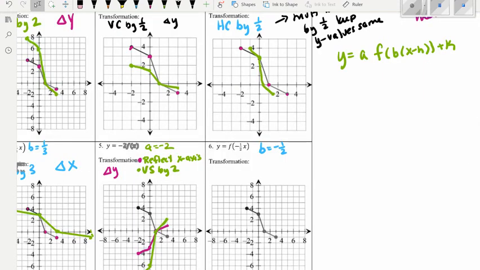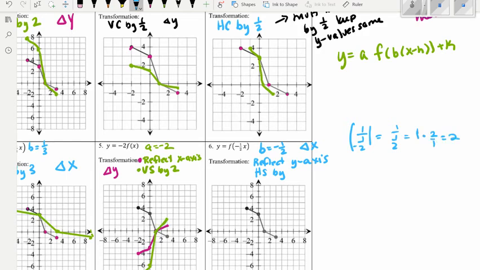This is going to be changing our x values. So we have a reflection across the y-axis and a horizontal stretch by 1 over -1/2. The absolute value of that would be 1 over 1/2, which is 1 times 2 over 1, which is just 2. So that's where we get the horizontal stretch by 2.